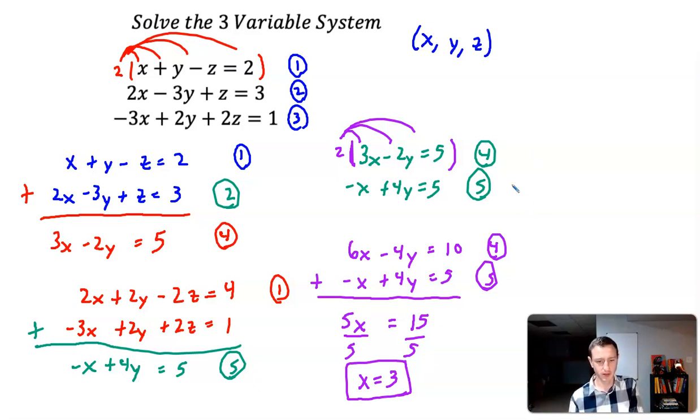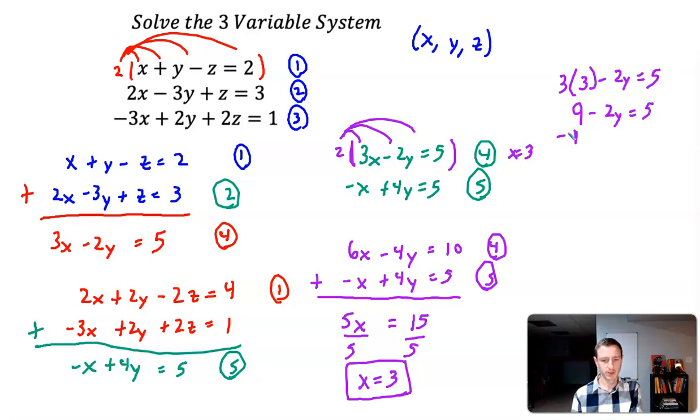So I'm going to plug in x equal to 3 into equation 4, which is going to be 3 times 3 minus 2y equals 5. 3 times 3 is 9, minus 2y equals 5. Subtract 9. Negative 2y equals 5 minus 9 is negative 4. Divide by negative 2. y equals positive 2.